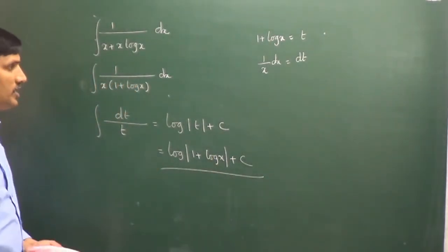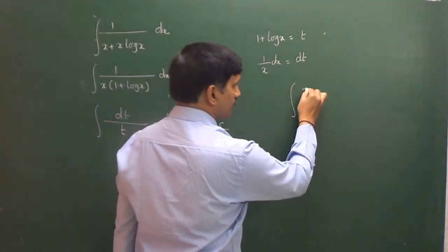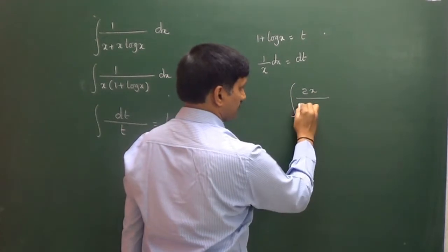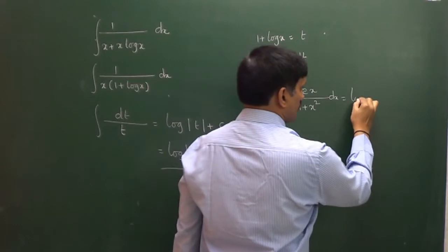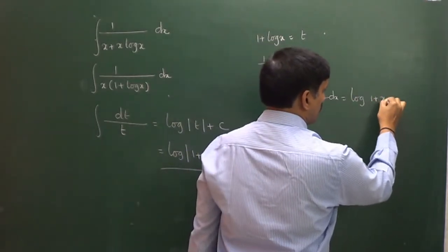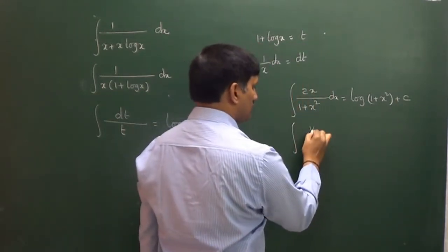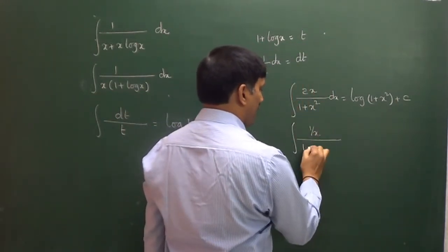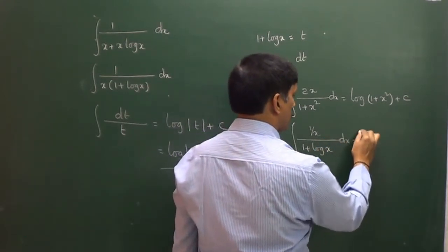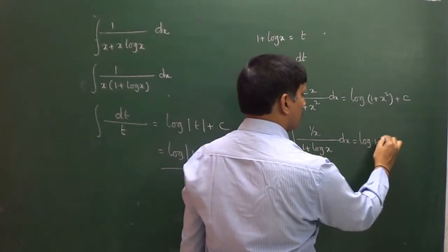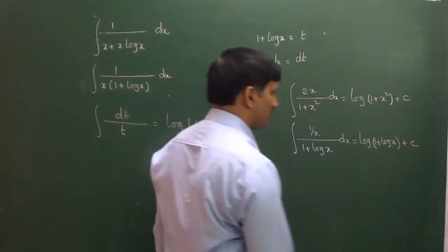If you observe the earlier problem and the present problem: the earlier problem is 2x divided by 1 plus x square dx, and we got the answer as log of 1 plus x square plus c. The present problem is 1 by x divided by 1 plus log x dx, and we got the answer as logarithm of 1 plus log x plus the constant of integration.